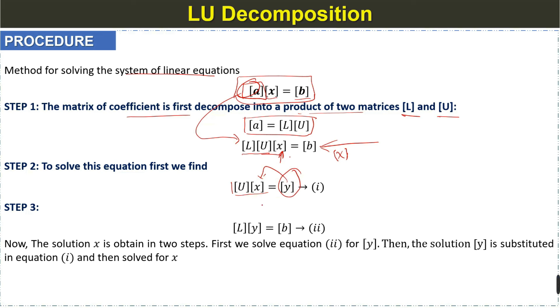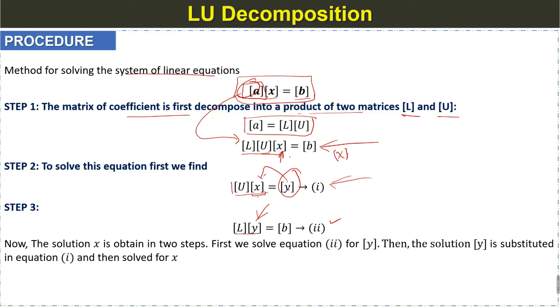Next, the lower triangular matrix times the arbitrary vector y is equal to b, and this one will be equation 2. Okay, here we can see that to solve equation 1, we have two unknowns, the matrix x and the matrix y.